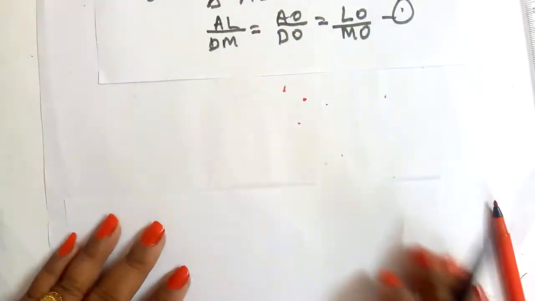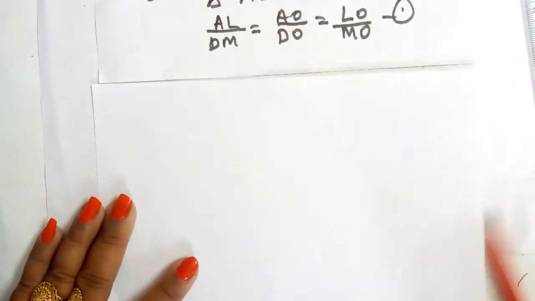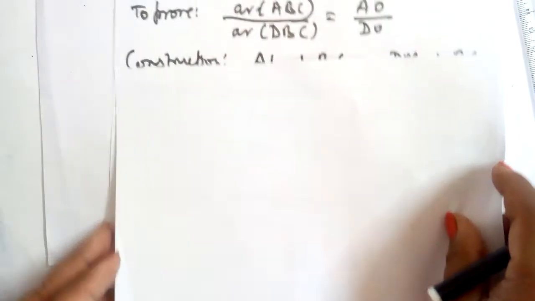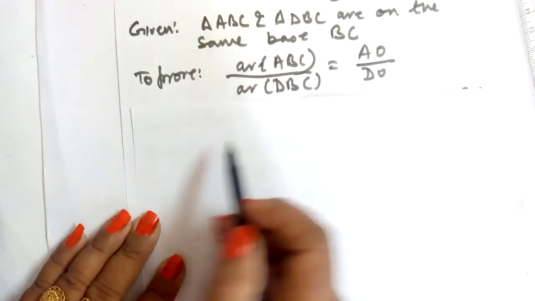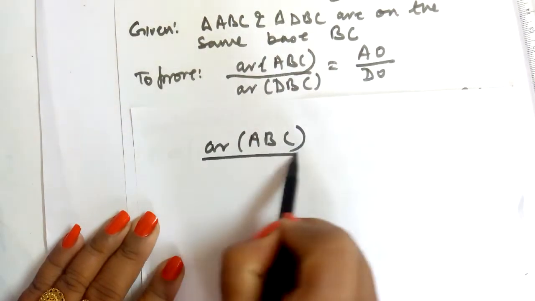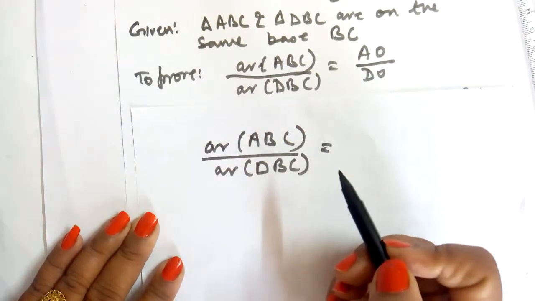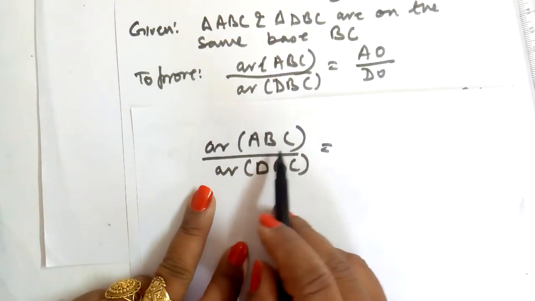Now we need to prove that area of triangle ABC upon area of triangle DBC. What will be the area of triangle ABC?